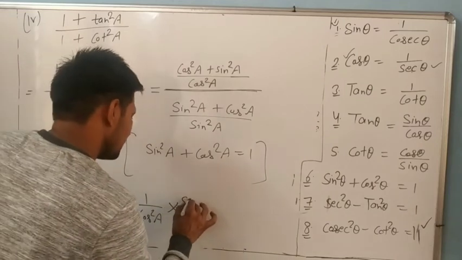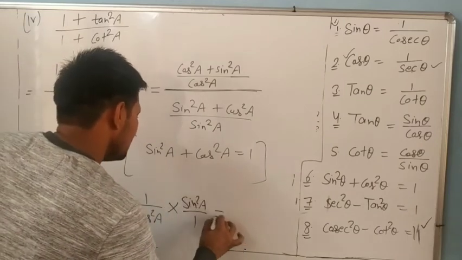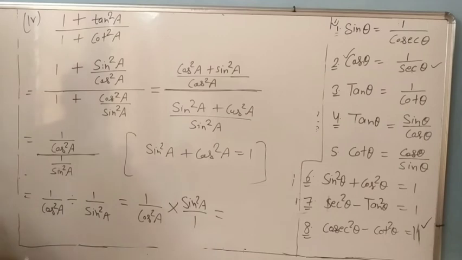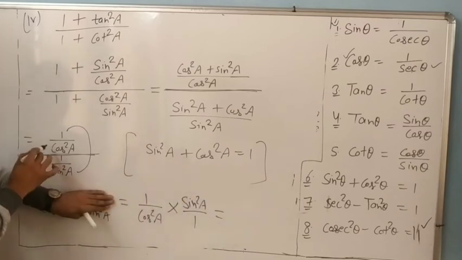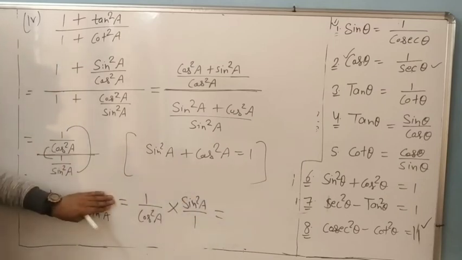So sine square A divided by 1. So 1 into sine square A. Otherwise, no need to write. What I told you: first and fourth, 1 into sine, second and third. Okay, dear.